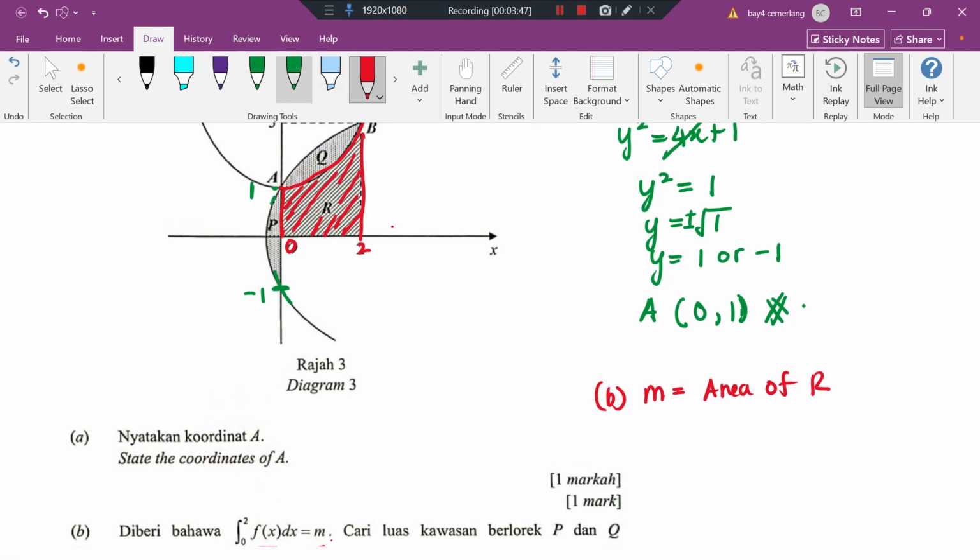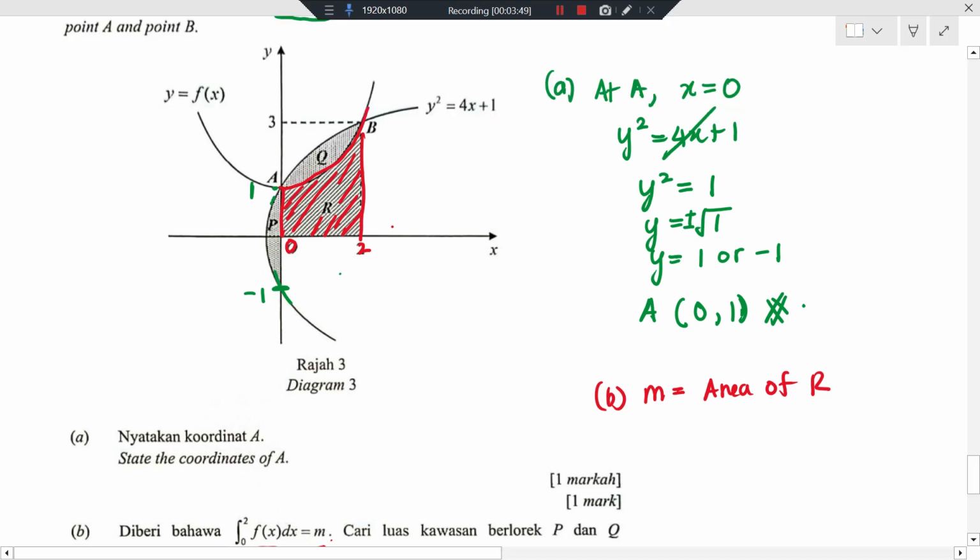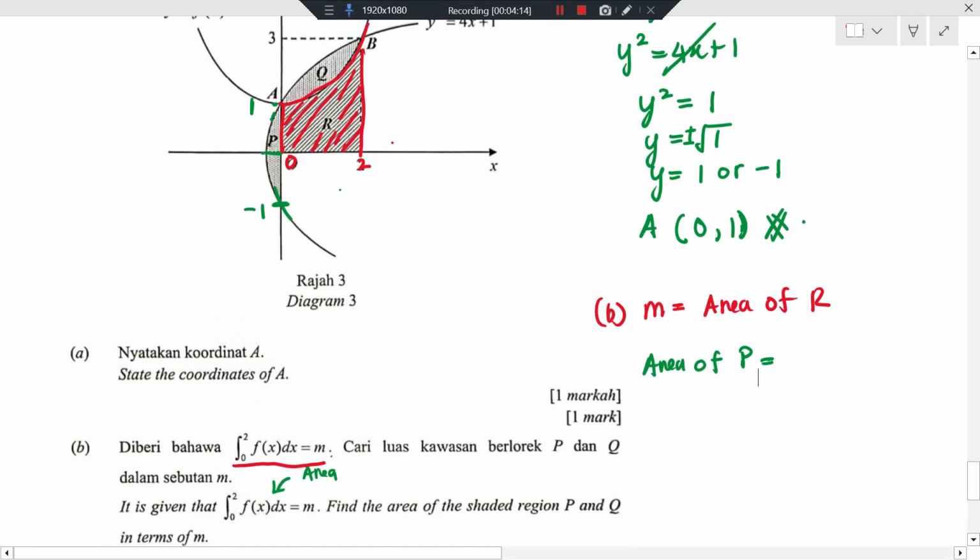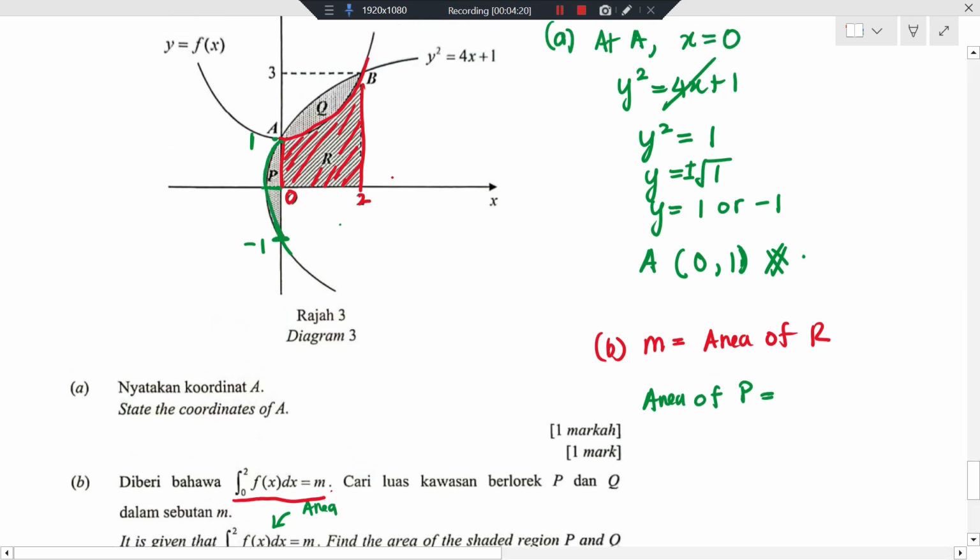P is very simple. Sorry, this is not volume, right? This is area, okay. You can use your y-axis. Remember, your area of P is on your left hand side, so you need to put modulus, otherwise you won't get the correct answer. So this curve, we know the equation.